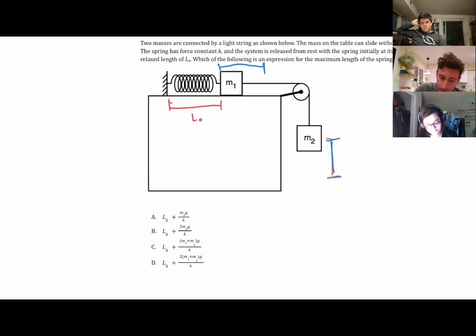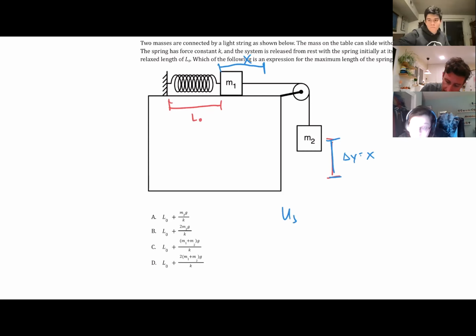I'm going to call the change of the spring length x. I could also call it y, because this is y, so delta y equals x. So I would start with spring potential energy at the beginning, U sub s, turning into U sub g.